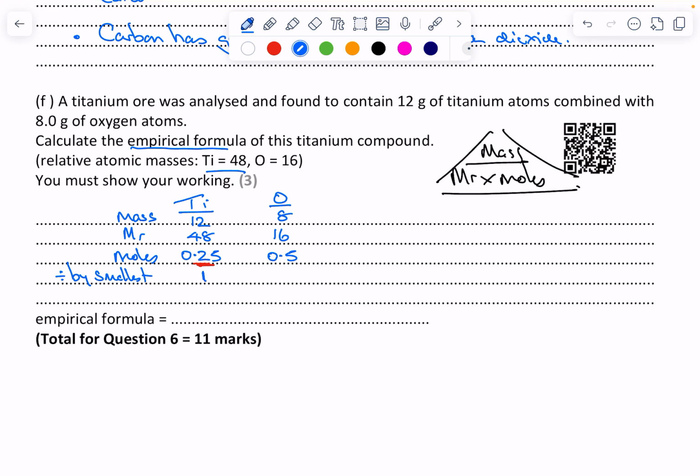So that divided by itself is going to be 1, and 0.5 divided by 0.25 is going to be 2. So my ratio is titanium gets a number 1, oxygen gets a number 2. So TiO2. Marks wise, there's 3 marks available, so you get 1 mark for your final answer, 1 mark for getting your ratio here, and 1 mark for working out the number of moles correctly in the calculation.